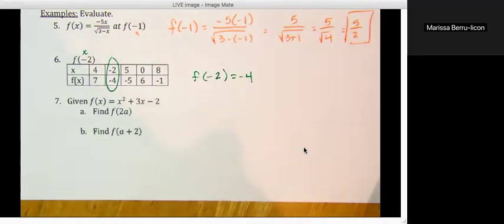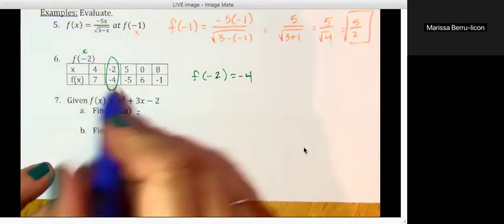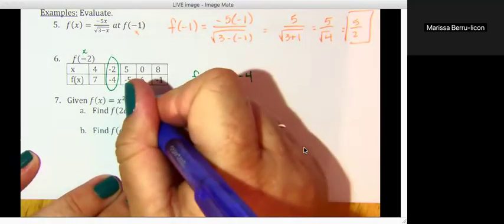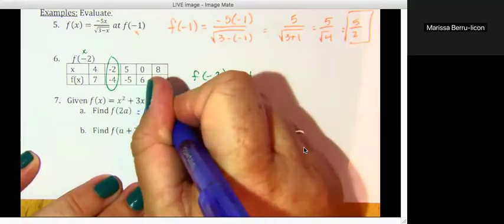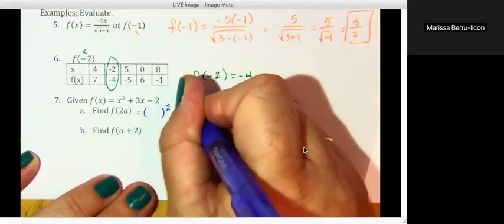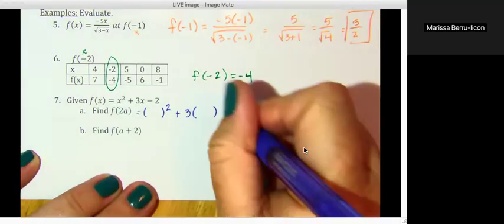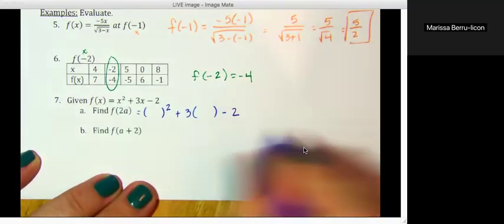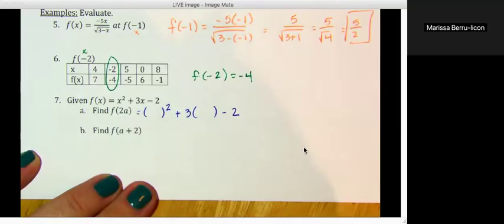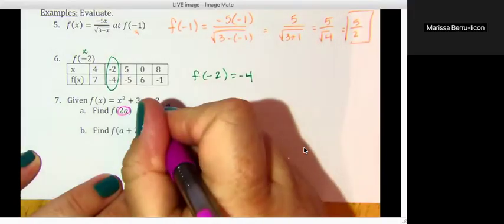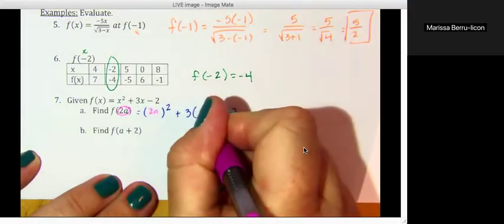So here I have to find f of 2a. Well, what that means is I'm going to take this function f of x, and my recommendation to you is to always write out the function, replacing x with parentheses, and you're replacing all of the x's with parentheses. And then you want to plug in what you are trying to plug in. So 2a and 2a.